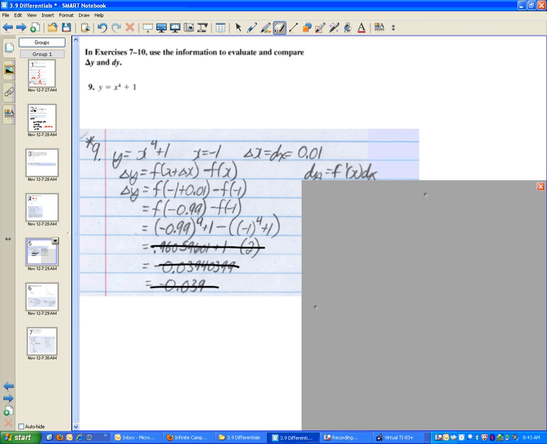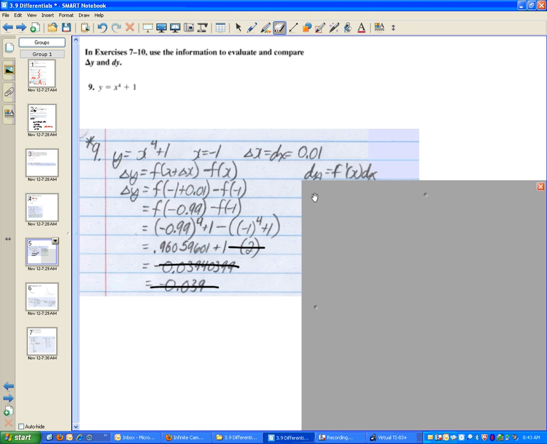And here's where we run into trouble without a calculator. We can all figure out what negative 0.99 times negative 0.99 times negative 0.99 times negative 0.99 is. We can all do that, but it's going to take a while.